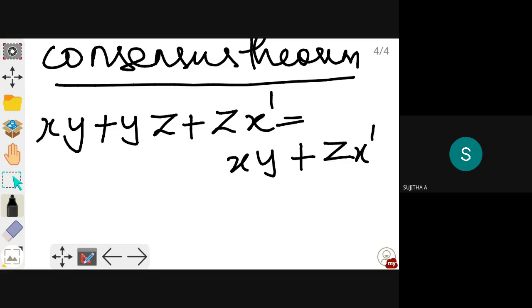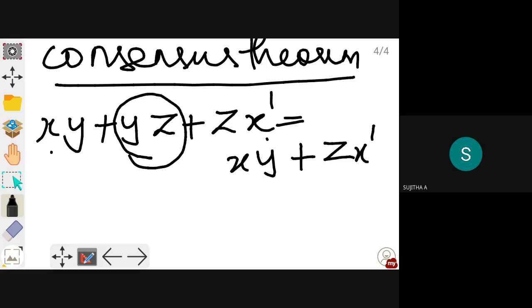So in xy plus yz plus zx dash, you can remove the center term. The y is in the first term and z is in the second term, but here x and x dash means you can remove this term. This term is known as the consensus. You can remove that.